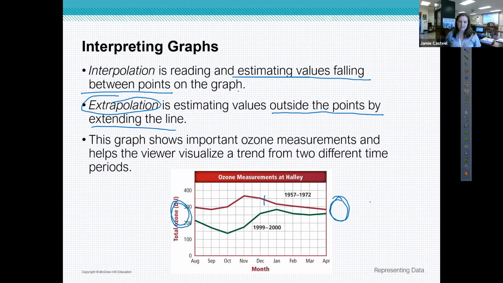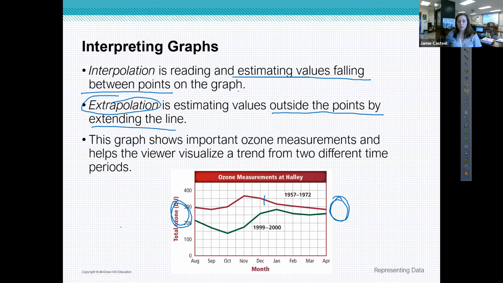So here, this graph down here at the bottom is showing me ozone measurements at Halley, over a certain month's period.